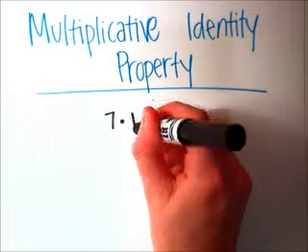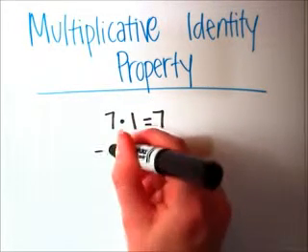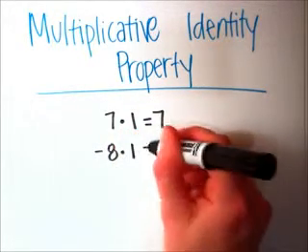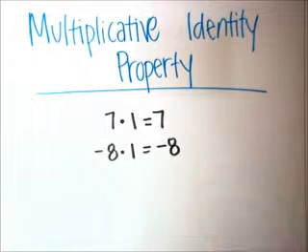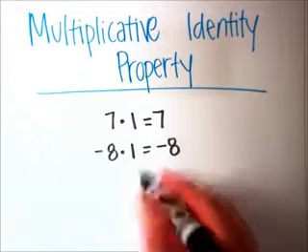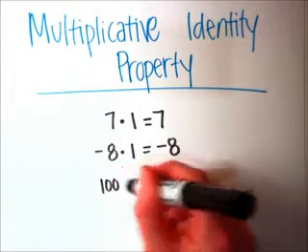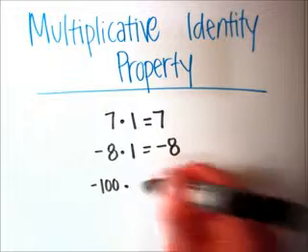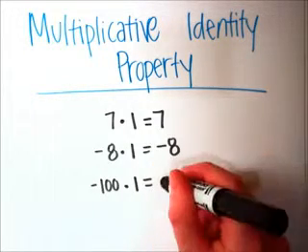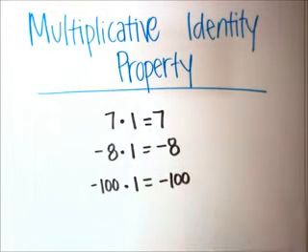Well, I know that that's 1. Or if I had negative 8 times 1, I still am ending up with negative 8. So the multiplicative identity essentially is saying you can take any number, let's make it negative, negative 100 times 1, take any number, multiply it by 1, and the number or quantity remains unchanged.